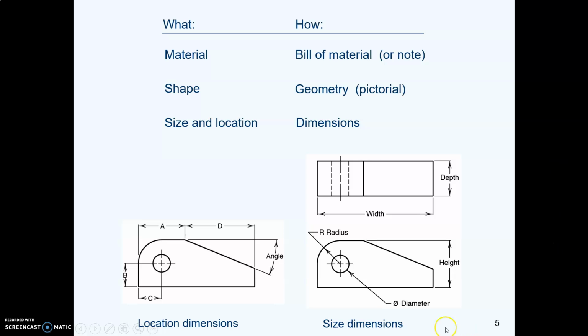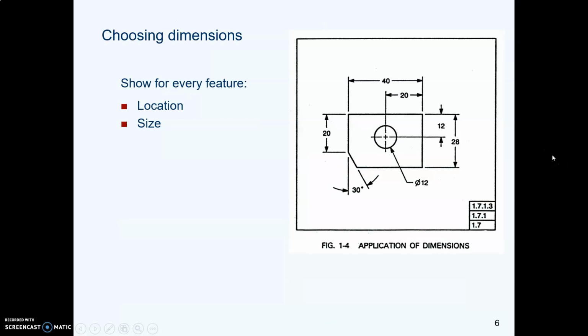With dimensions. So for this wedge-shaped part with a round corner, it's got a hole in it, and you put a diameter dimension to tell them the size of the hole, and these two dimensions to tell them the location of that hole. And then in this top view, we can see that the hole goes all the way through.